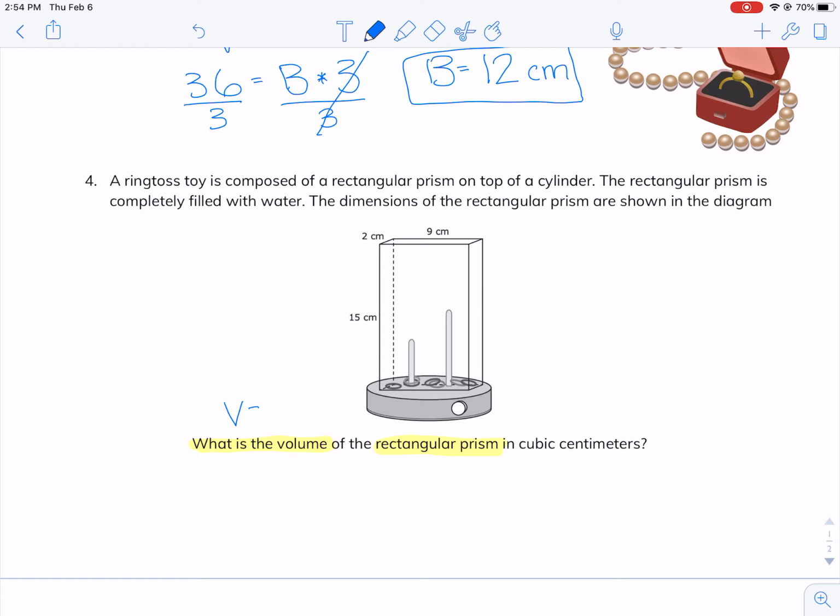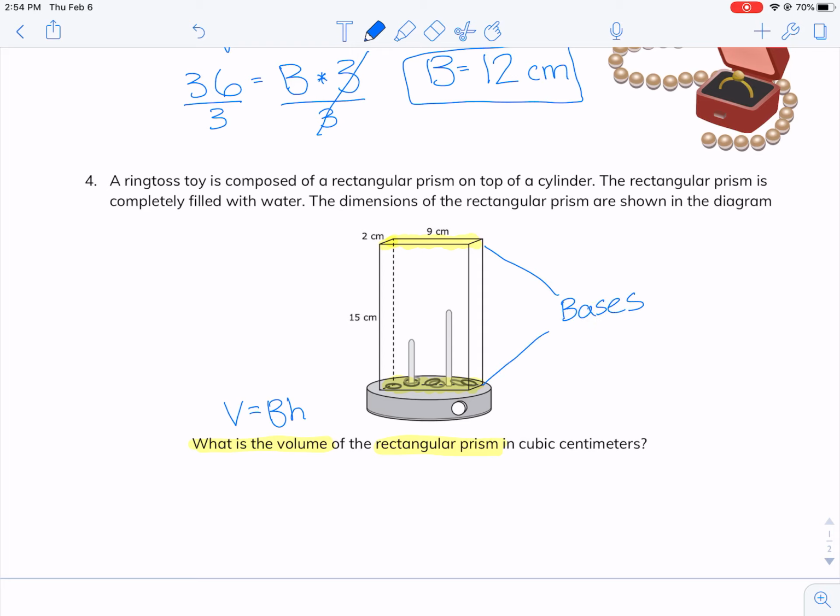Once again, the volume of the rectangular prism is V equals big B times H. And I know that this time we have a rectangle as our base. And then it's the shape that is on the floor, which is on the cylinder. Those are the two bases.